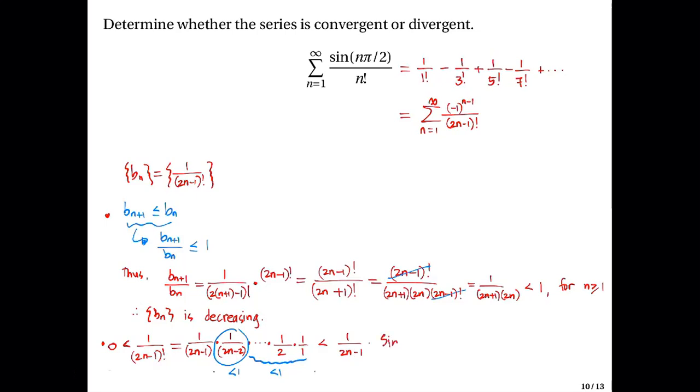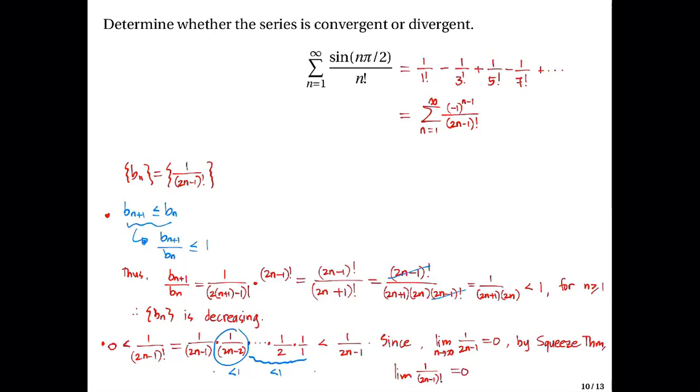So, since the limit of 1 over 2n minus 1 as n approaches infinity is equal to 0, by squeeze theorem, yung limit of 1 over 2n minus 1 factorial, this is also equal to 0.